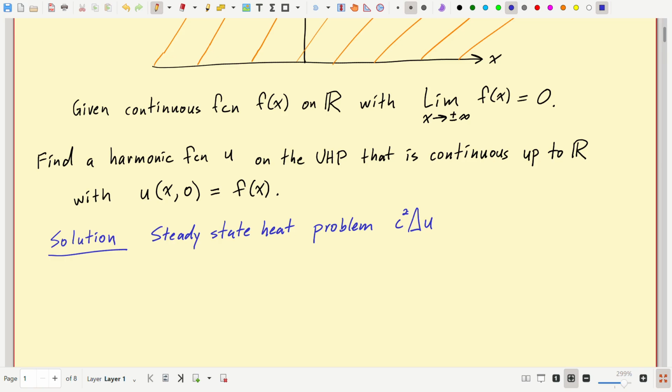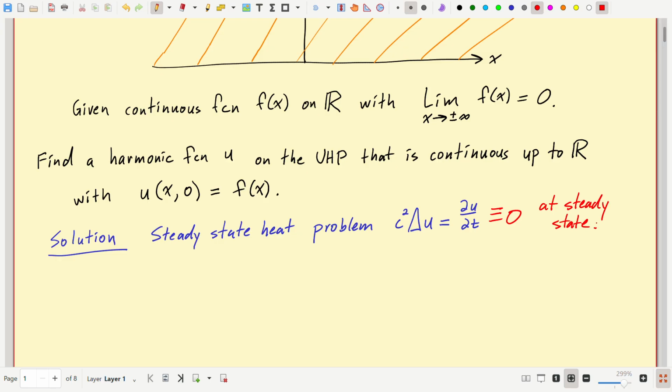I like to think of the upper half plane as a metal plate. Metal plates conduct heat pretty well, and the heat equation is c squared times the Laplacian is du dt. But at steady state, this would be 0, because it would stop changing.